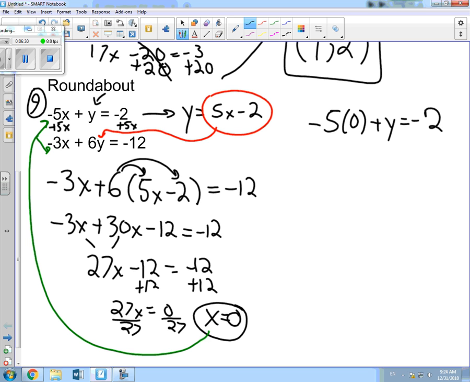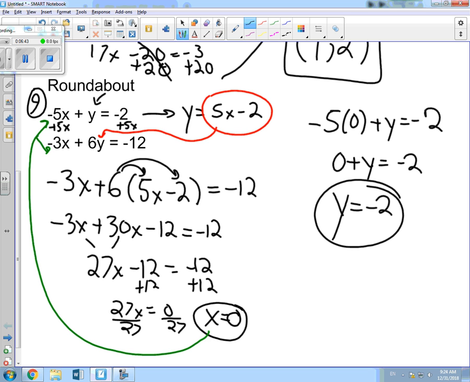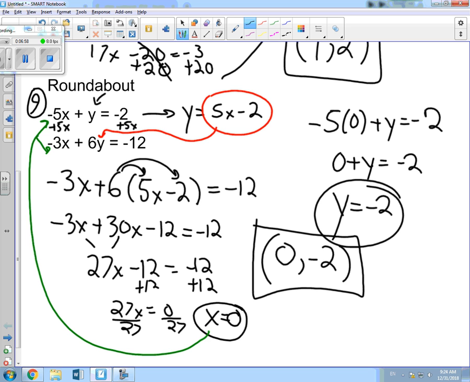Well, we know negative 5 times 0 is 0 plus y equals negative 2. 0 doesn't really mean anything, so I could get rid of it. Y equals negative 2. So my answer is 0, comma, negative 2. Sorry about the little long.